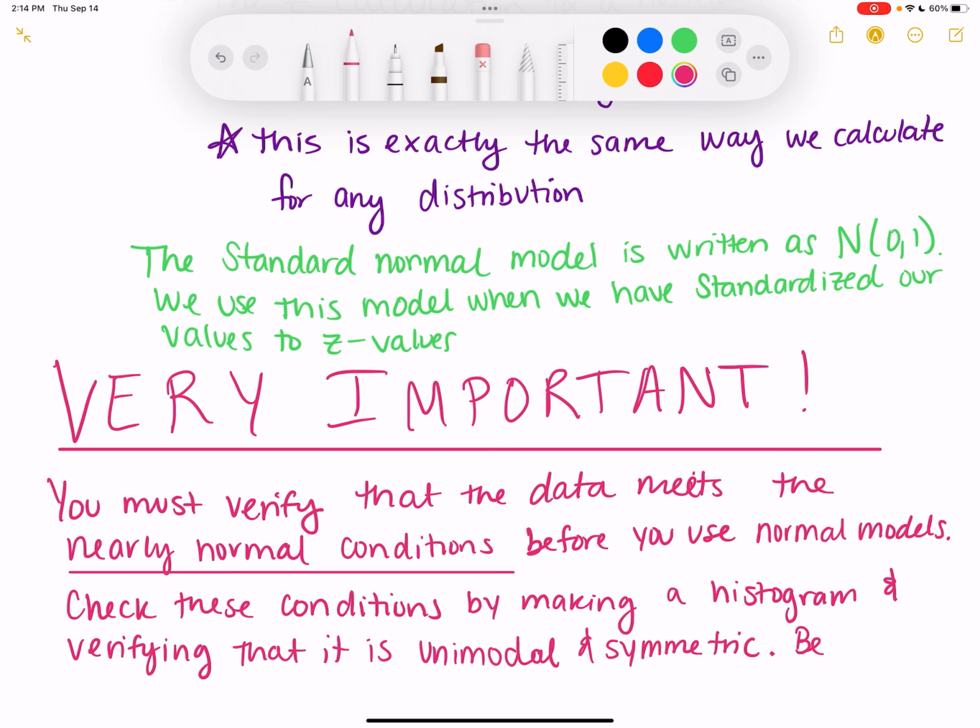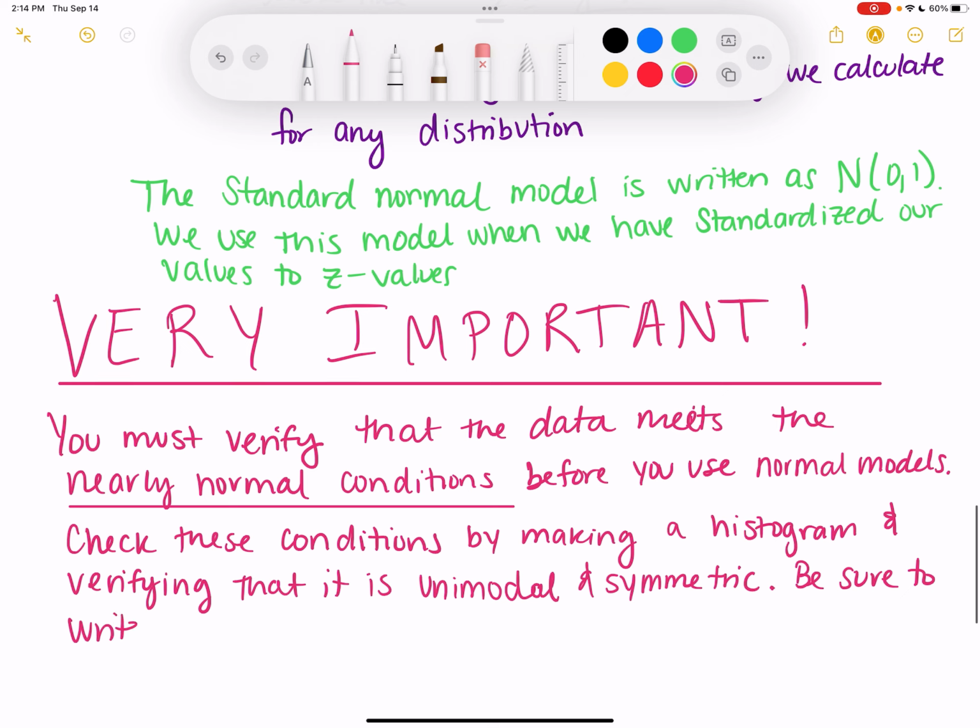Be sure to write that you checked the conditions.